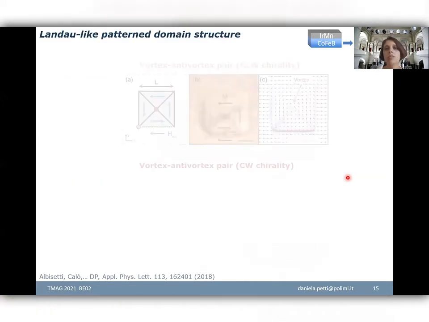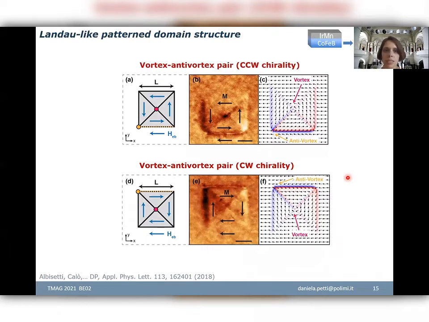We can also think of other structures, for instance, a vortex anti-vortex pair. Here we have this square structure with a magnetization that has a circularity in the counterclockwise direction. So we have a counterclockwise chirality.